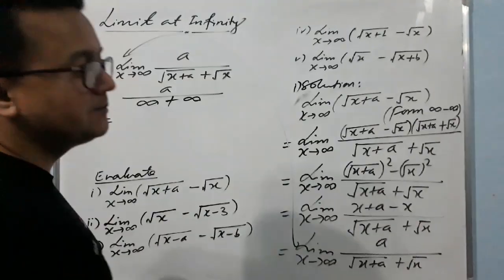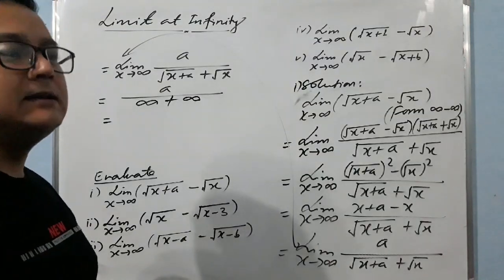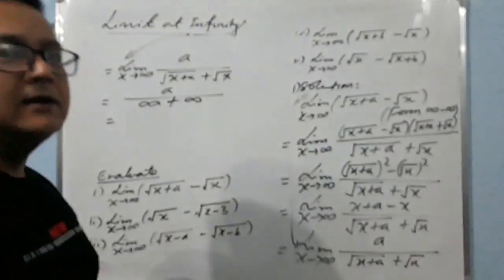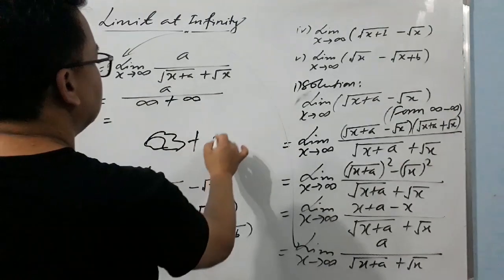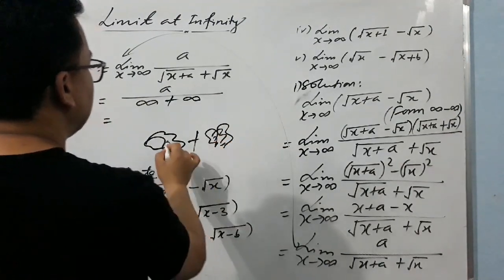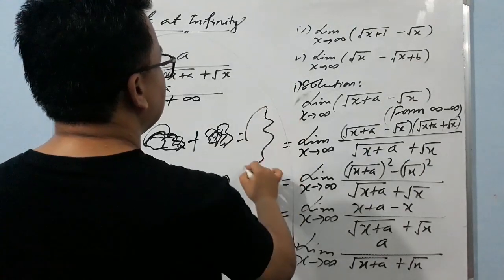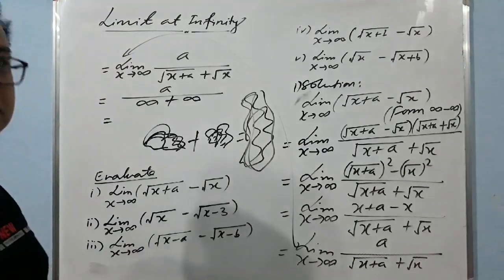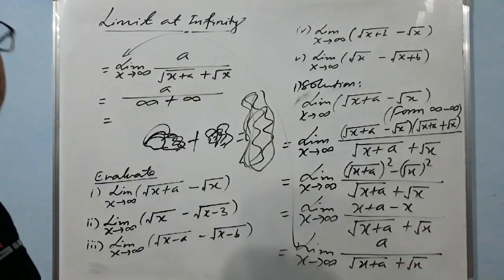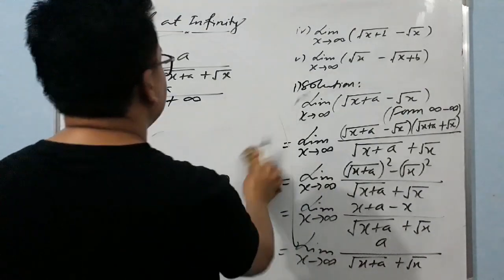So infinity plus infinity is not an indeterminate form. This is a defined thing. Infinity plus infinity is infinity. It is not a meaningless form.